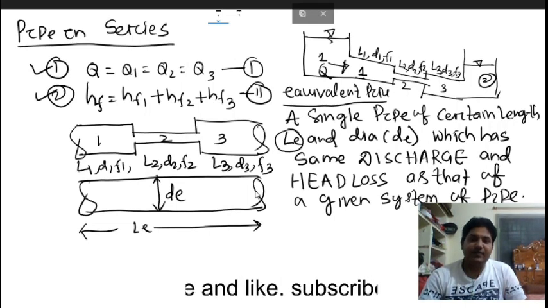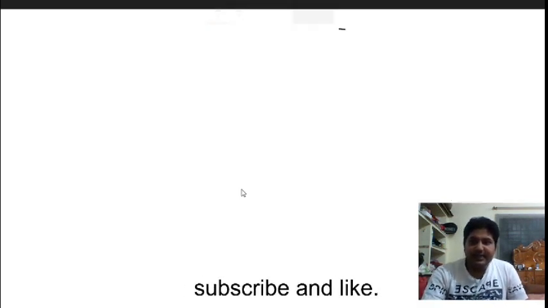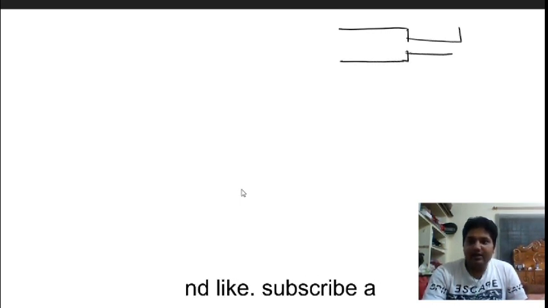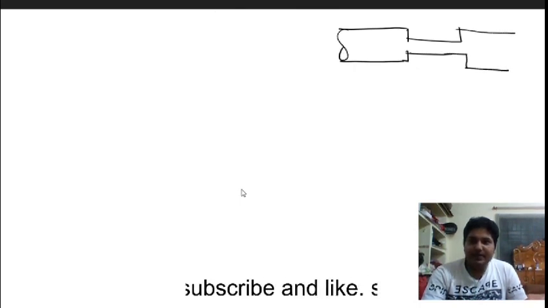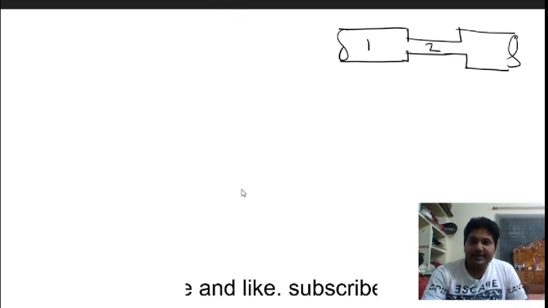Okay, now we have to find out a relationship between this LE, DE and this L1, D1, F1. What should be the relation? Now this is my case. Suppose this is my compound pipe. This is the first pipe, second pipe, this is the third pipe.